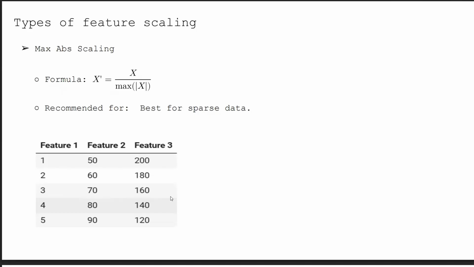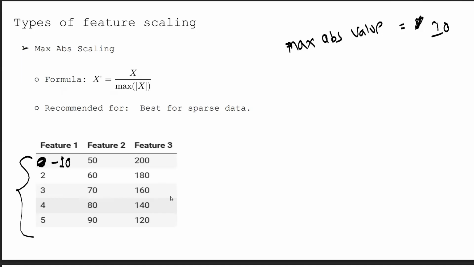Let's take the same data set example again. For feature 1, the max absolute value would be 5. If instead of this 1 we had minus 10, then the max value would be 10 instead of 5, because we are taking the maximum absolute value.